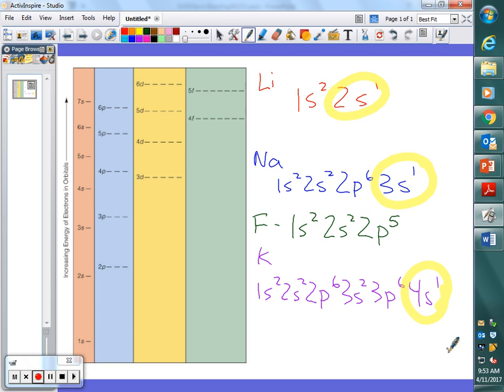All right, there's our electron configuration for fluorine. How many valence electrons does fluorine have? 5.